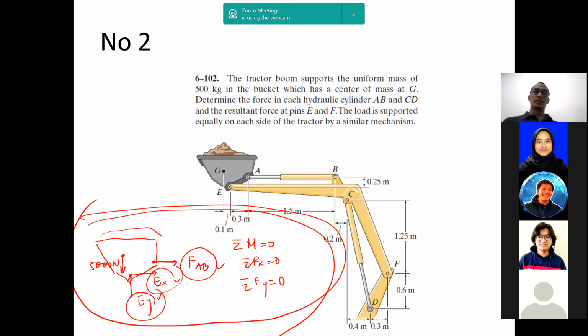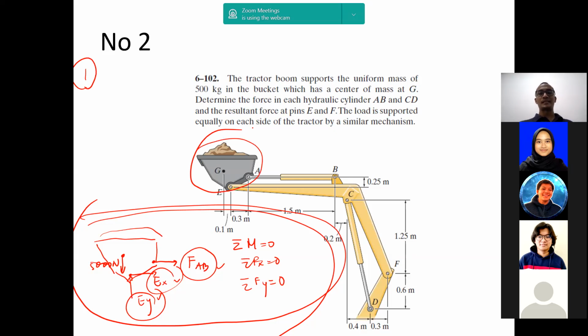So, okay, remember, right? Our first step is to determine which one of it is two force member. Okay, we done it. A, B, and C, D are two force member, and then after that we have to isolate the multi-force member. We know already from Zakia that this bucket is multi-force member.